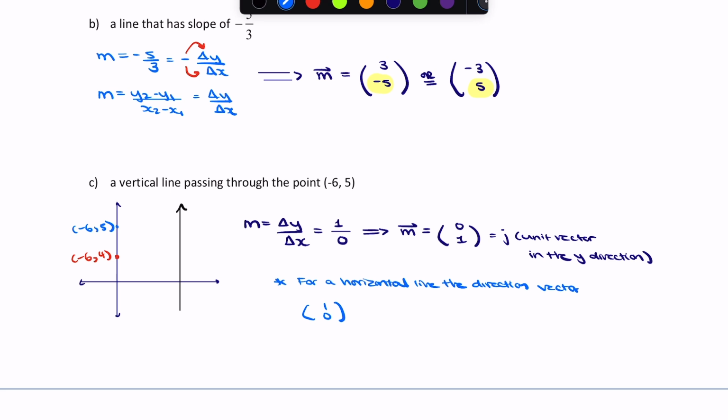For the horizontal line, it would be 1 and 0. And that means our direction vector would be equal to i, so it's a unit vector in the x direction. Because here, delta y over delta x is equal to 0 over 1. So this would be a unit vector in the x direction.